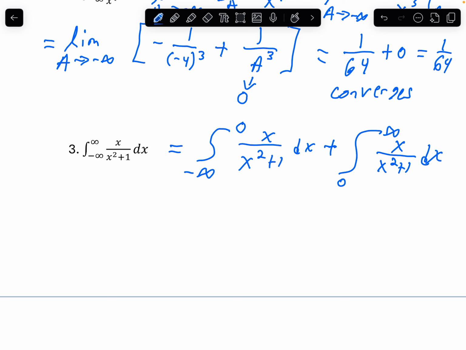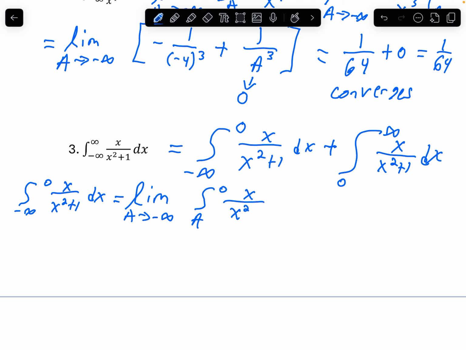So let's start with the leftmost one here. The integral from negative infinity to 0 of x over x squared plus 1 dx. Applying the definition, this is the limit as a approaches negative infinity of the integral from a to 0 of x over x squared plus 1 dx.